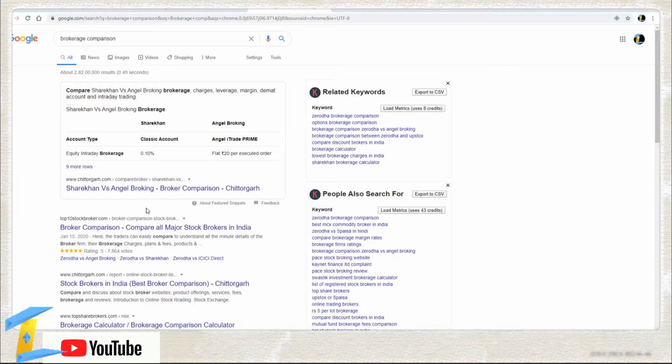Zerodha is one of the famous brokers, and is said to be the number one broker in India. So a lot of new people start off with Zerodha. But it can be an unstable platform, and that's the situation with most low cost brokers, because their platforms are technologically advanced but not stable at all.